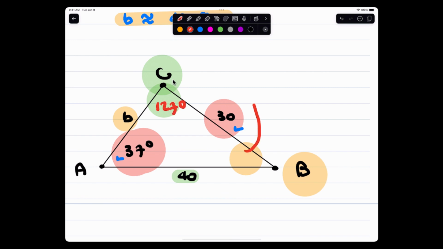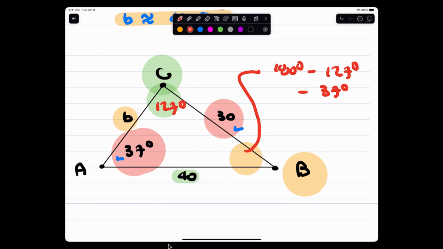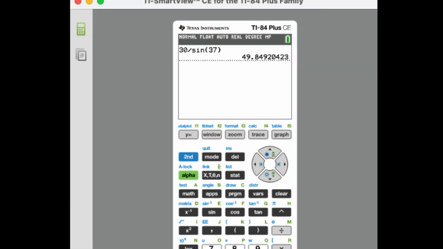How do I get angle B? 180 minus 127 minus what? 37. So let's find this angle. See if there's a second triangle. 180 minus 127 minus 37.